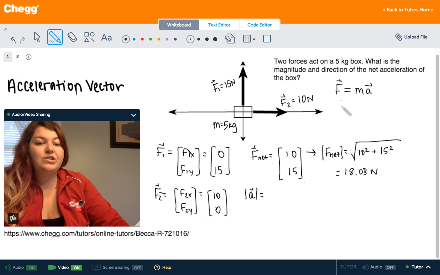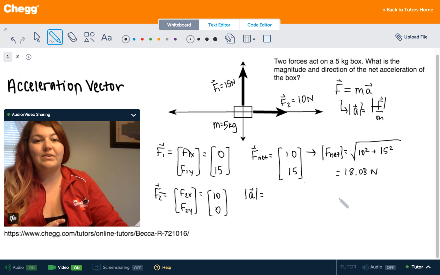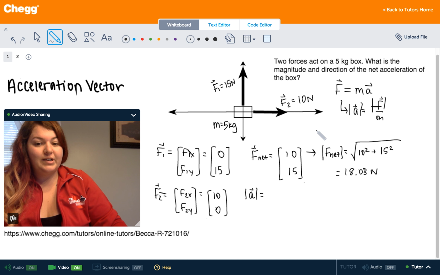Now this value will be able to give us the magnitude of the acceleration. Because from this equation up here, if we wanted to solve for a, we would just have to divide both sides by mass. So acceleration is equal to force divided by mass, in magnitude, that is. Not necessarily direction. We'll do direction in a minute.